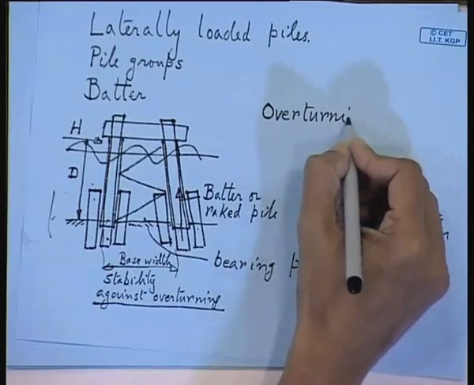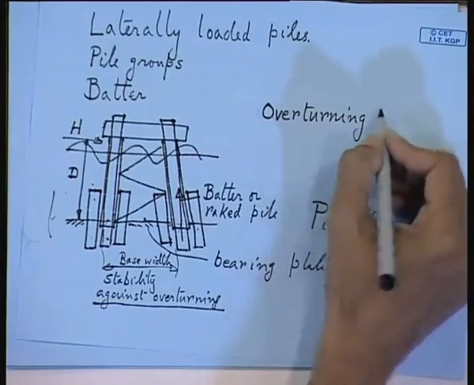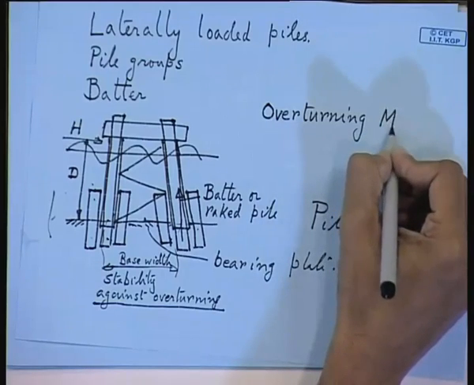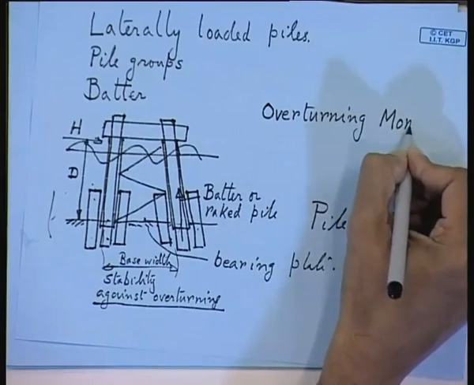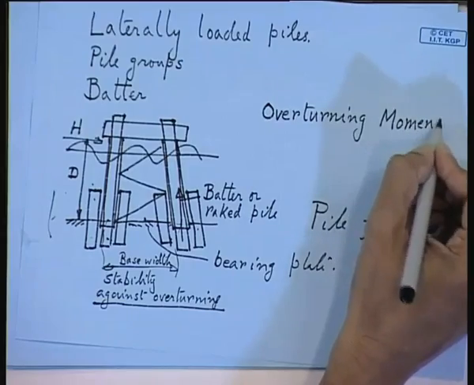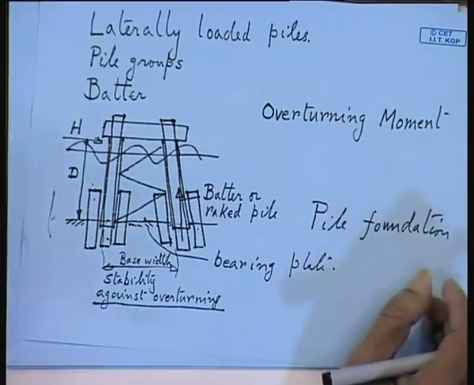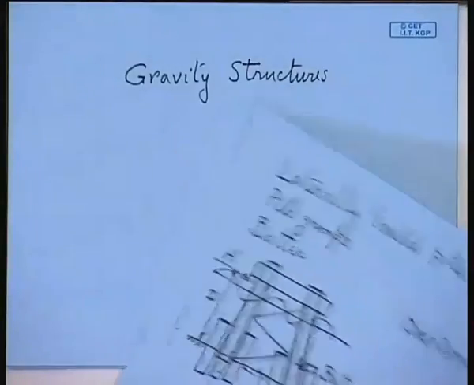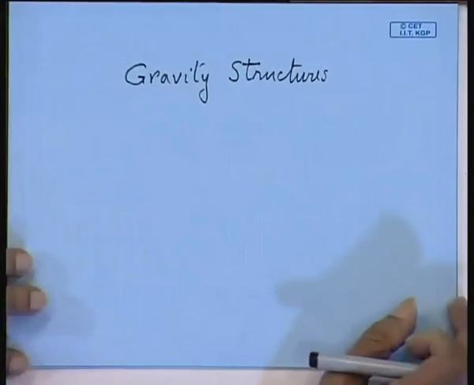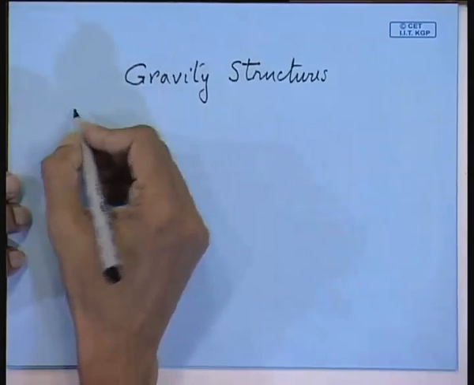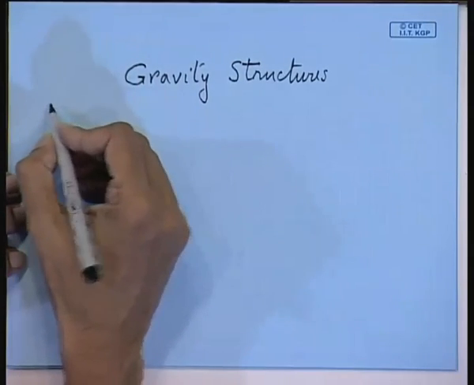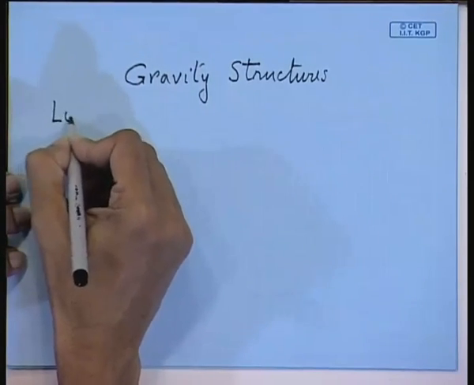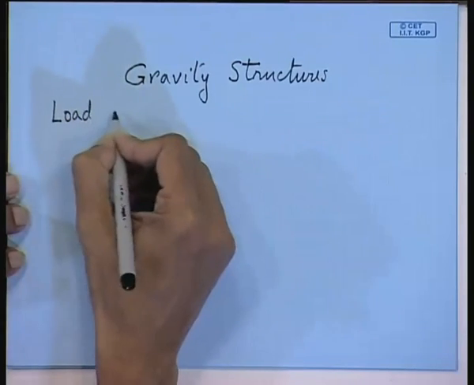Now, how you resist that, that is your problem, isn't it? So, that you have to decide. That decides on the type of structure, or type of fixed structures, that is normally designed. So, the basic load that is coming is, what is your load?